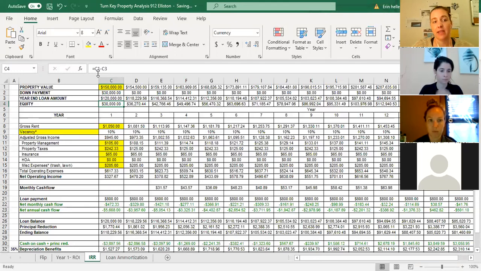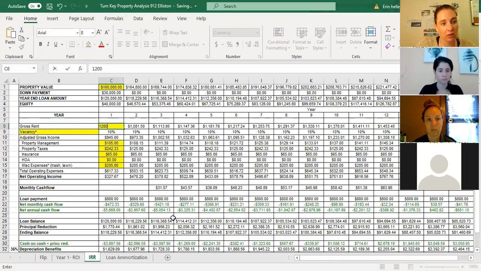Let's say that the property value is actually 160, which is what I think it is. We put a $30,000 down payment on it, and our year-end loan amount is 120, but we suddenly have $40,000 in equity, right? So you just got $10,000 in extra equity just because you bought it at the right price. So that's where it's important to buy right and buy at the right time.